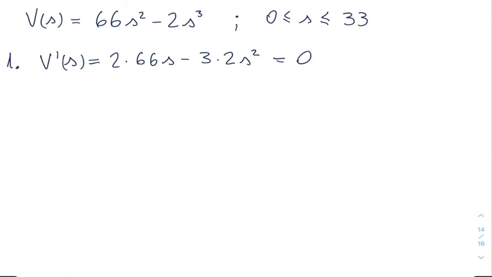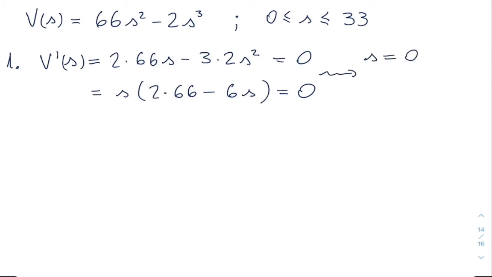So we can factor this as S times 2 times 66 minus 6S, and set this equal to 0. From this we need to obtain the critical values. So one critical value is S equals 0, and the other critical value is S equals 22.